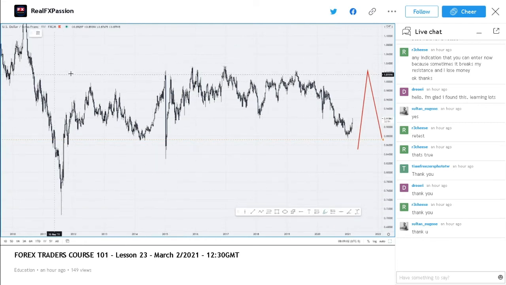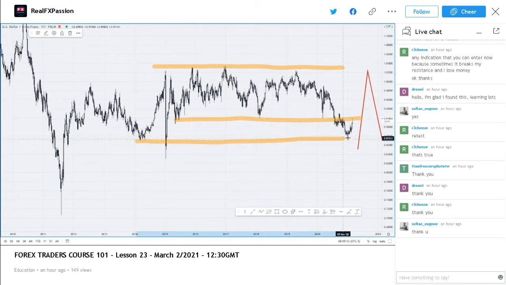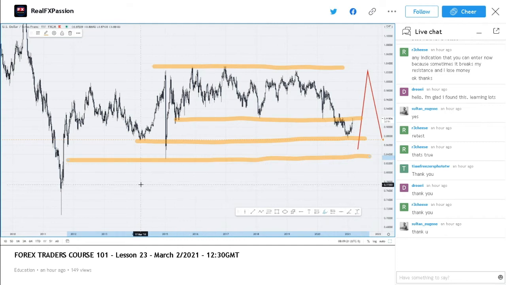In my opinion, not a fact, it's an opinion, this market is sideways and has multiple layers of consolidation. USD/CHF is maybe not the easy one for the beginner trader to trade, everybody. So back in time, can you see? High, hit the wall, down, up and down, right? Up and down, up and down.